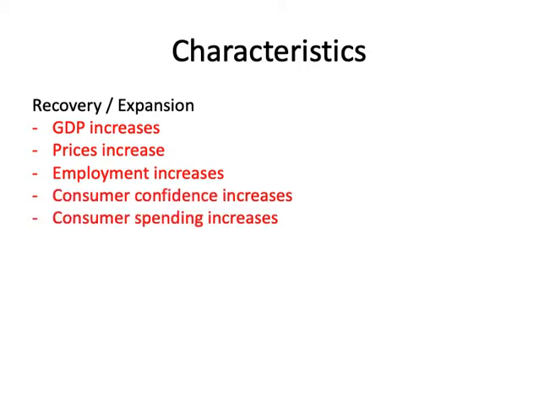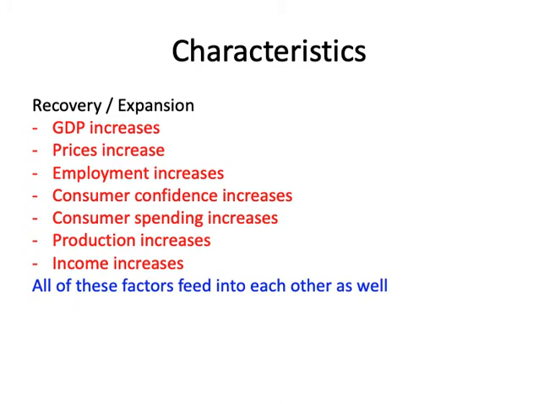Consumer confidence will increase, spending will go up, production, income, all these things are going to continue to move up and move up and move up. And we're going to tackle this in the next slide, that there are factors that contribute to other factors within the same expansionary period, right? Obviously, as employment increases, consumer confidence will increase, and then spending will go up. All these kinds of things feed into each other.